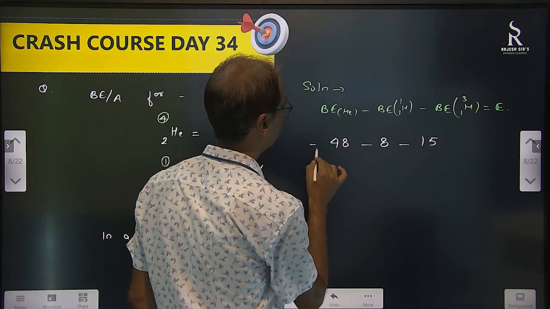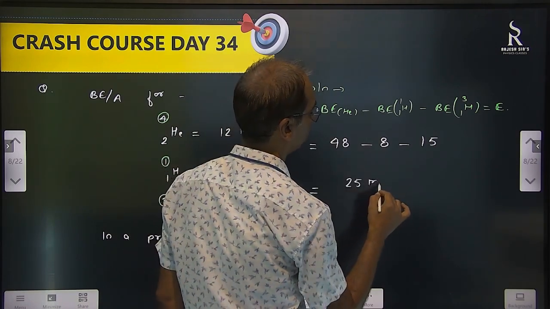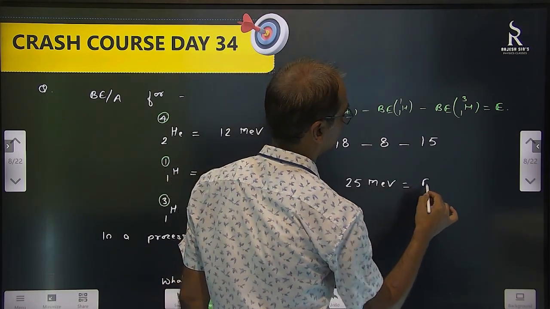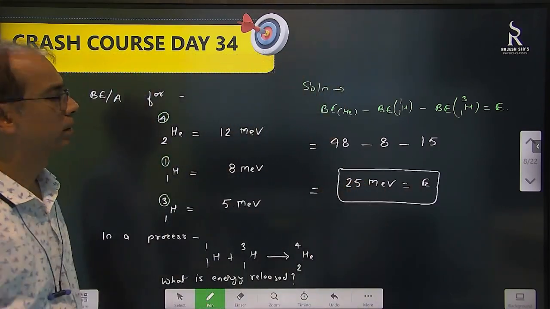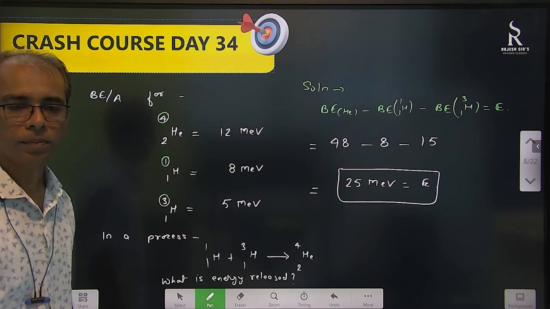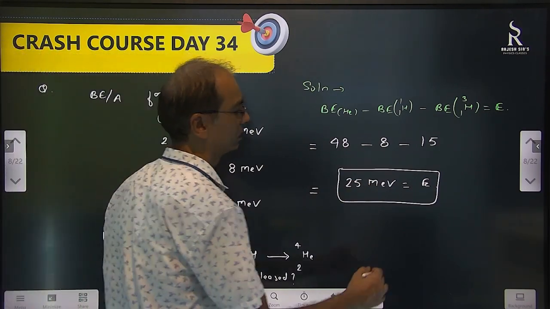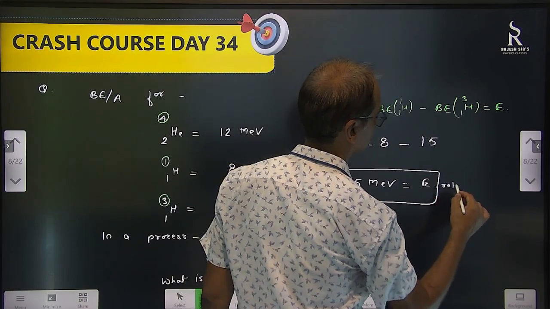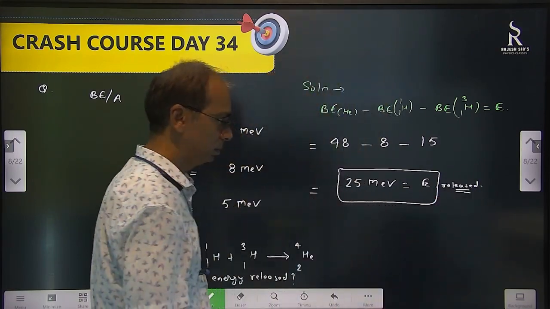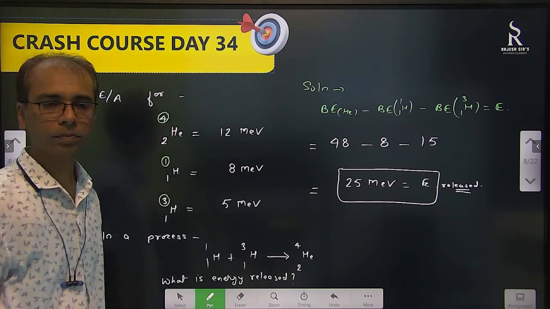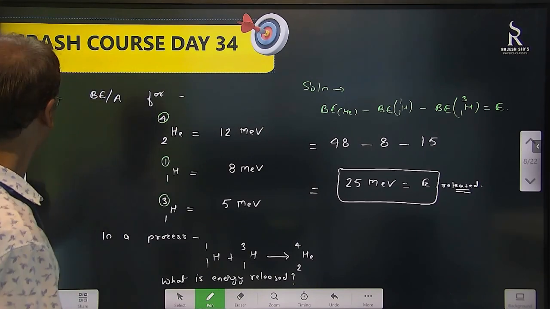So 48 minus 23, that is 25. 25 MeV is the energy released in the process. Correct? Clear?